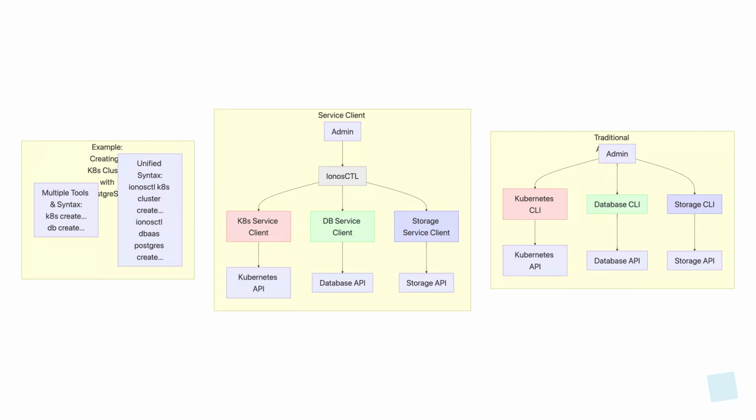Without service clients, you'd need to learn two completely different APIs, format requests differently, handle authentication separately for each. It gets messy fast. But with ionosctl's service clients, all that complexity is abstracted away. You get a consistent experience regardless of which service you're using.